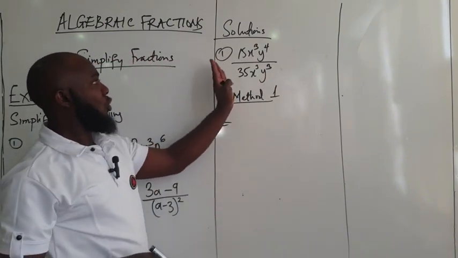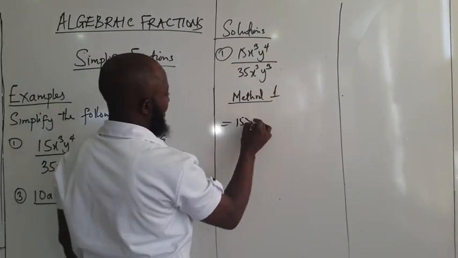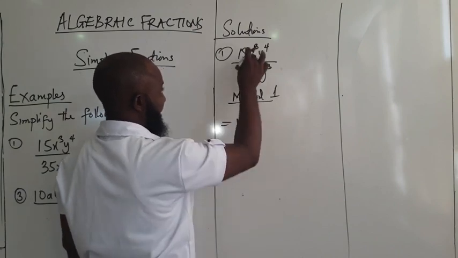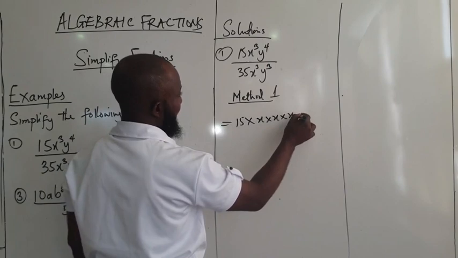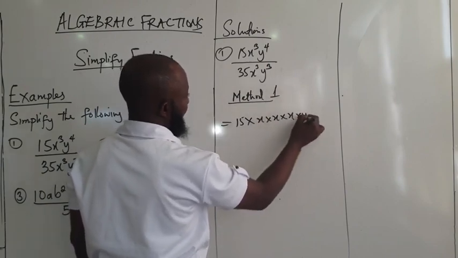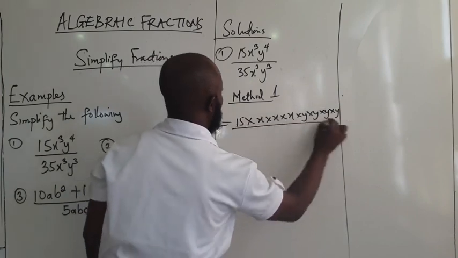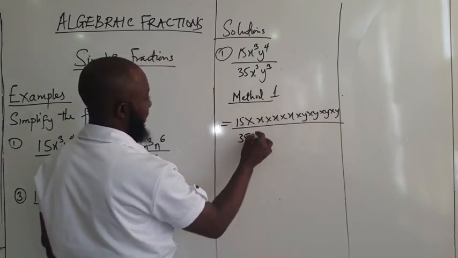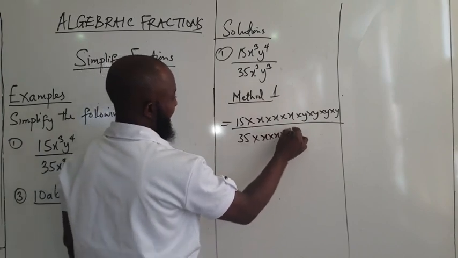Method one, you can decide to open everything. So this 15 is just 15 multiplied by x raised by 3, which is x times x times x. Then y raised by 4 means y times y times y times y. Everything divided by 35 times x raised by 3, which means x times x times x.